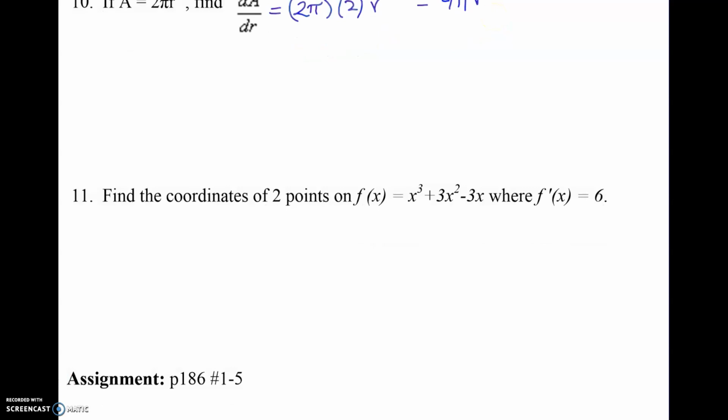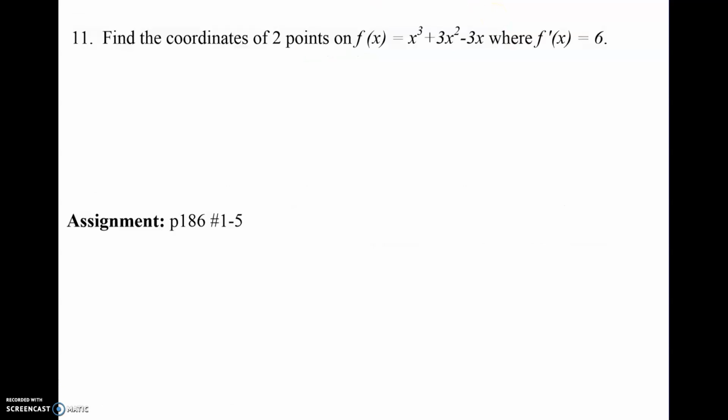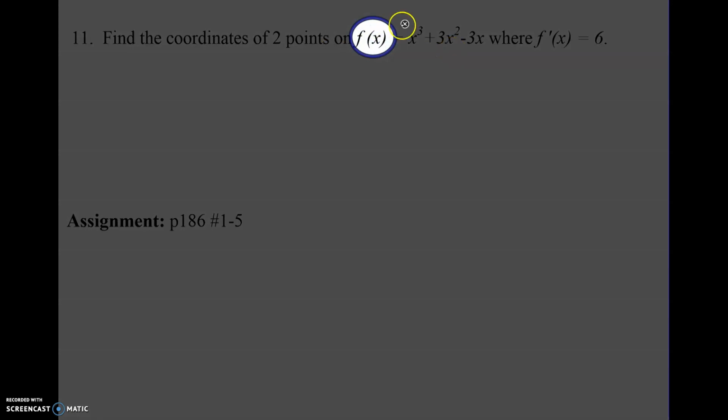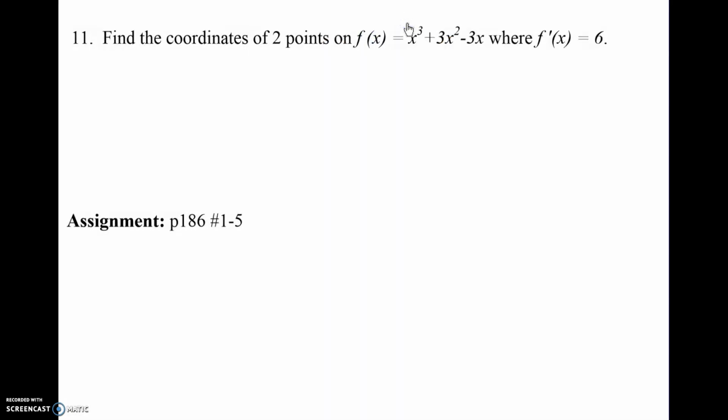Okay, number 11. Here's a question to make you think, and I'm using the magic pen now, so you're going to see it disappear. We're supposed to find the coordinates of 2 points on this f of x function, given by this function, where the derivative at this spot x is equal to 6.